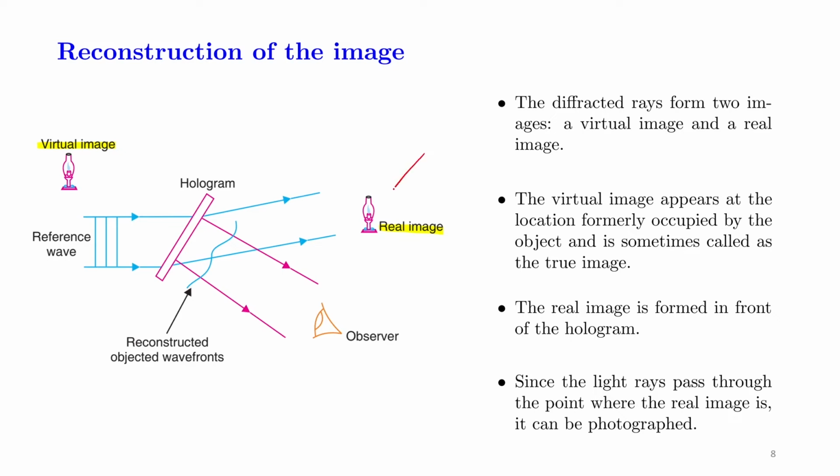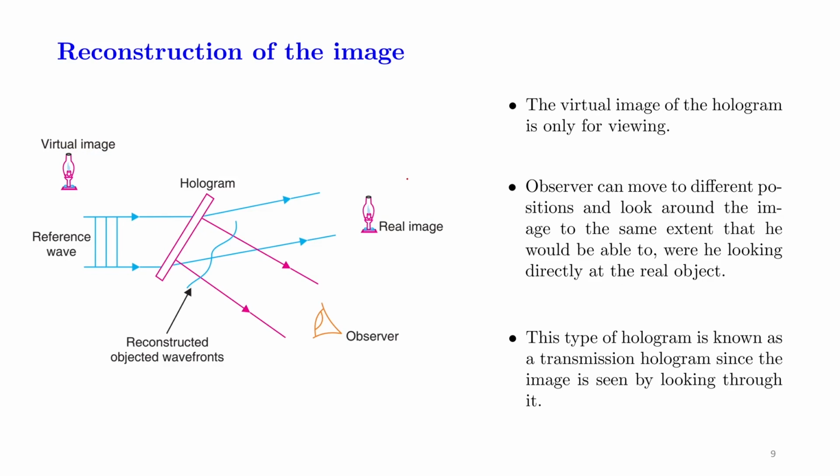Since the light rays pass through the position where the real image is, if we place a photographic plate over here, a photograph of the image can be obtained. Whereas the virtual image of the hologram is only for viewing. The observer can move to different positions and look around the image to the same extent that he would be able to if he were looking directly at the real object.